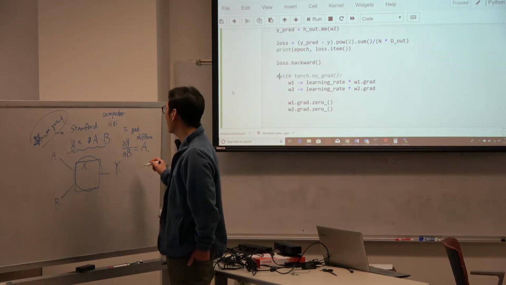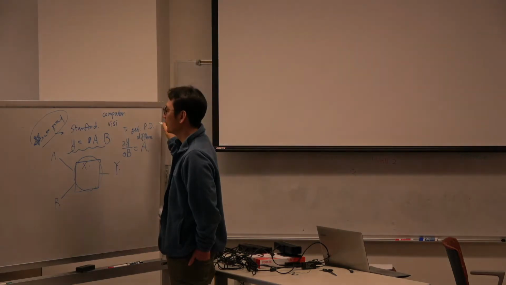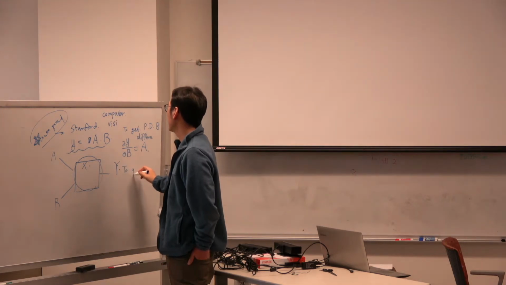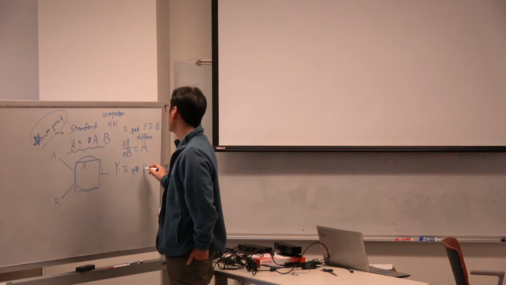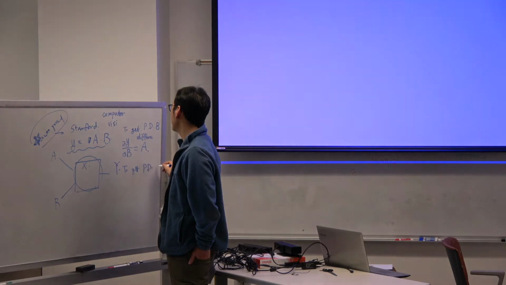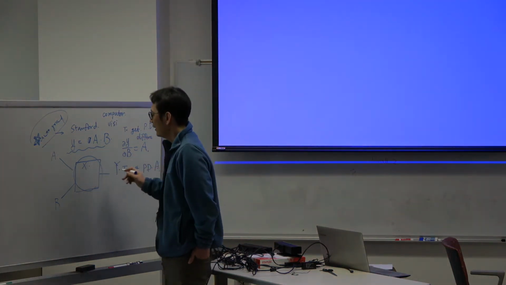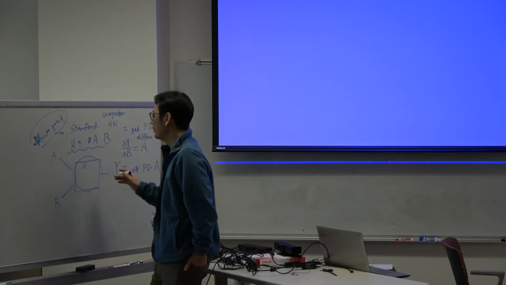So to get the partial derivative with respect to b, it is a, and the partial derivative with respect to a is basically b.